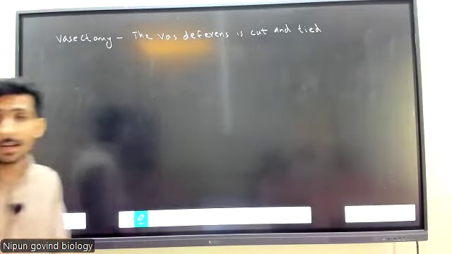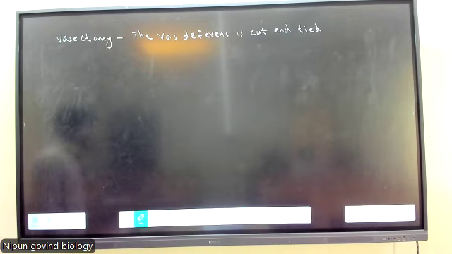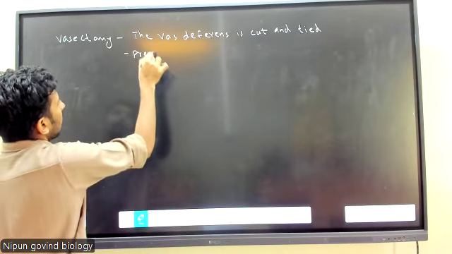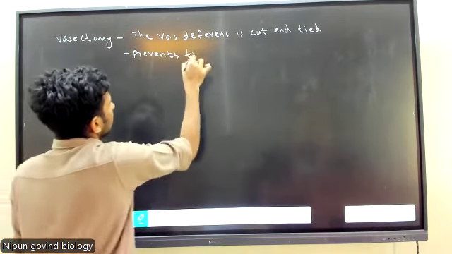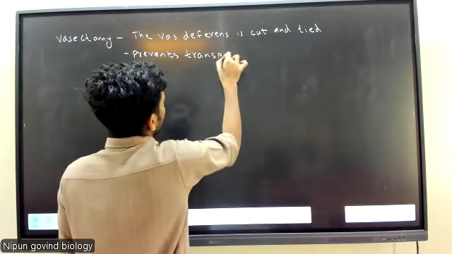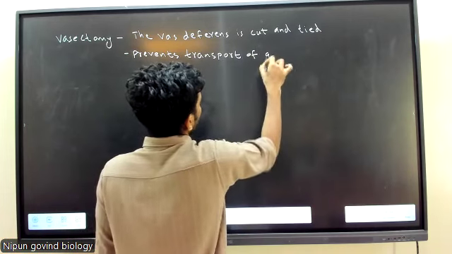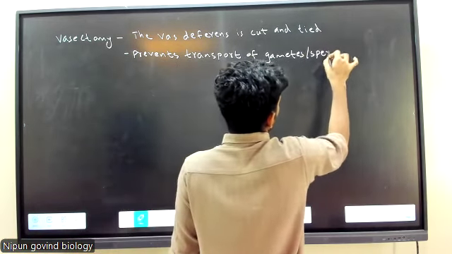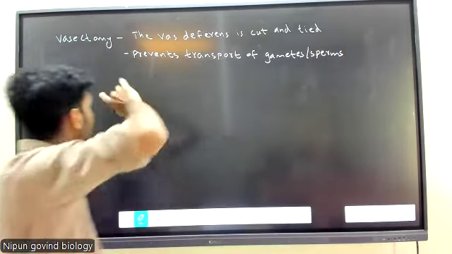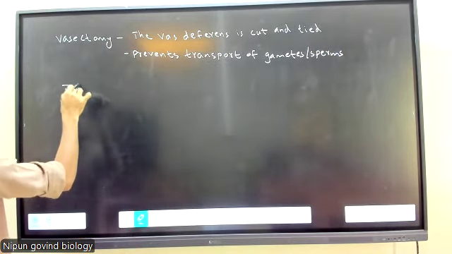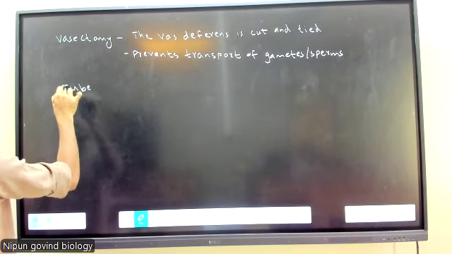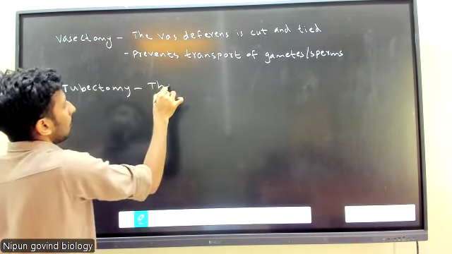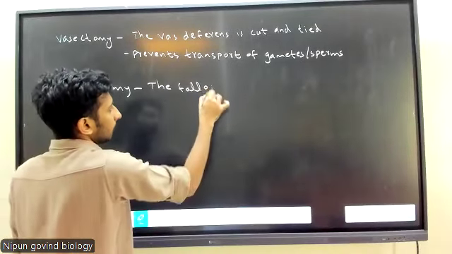It prevents transport of gametes, or sperms. And in tubectomy, the fallopian tube is cut and tied.